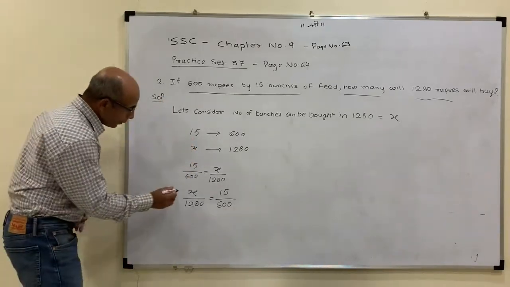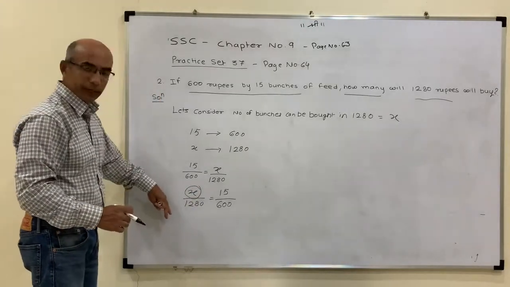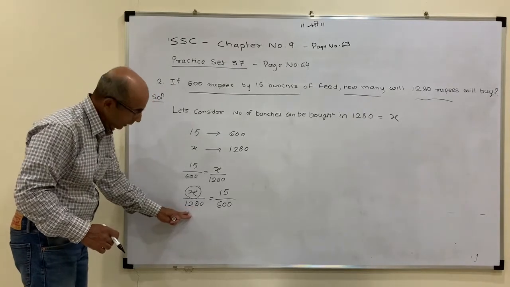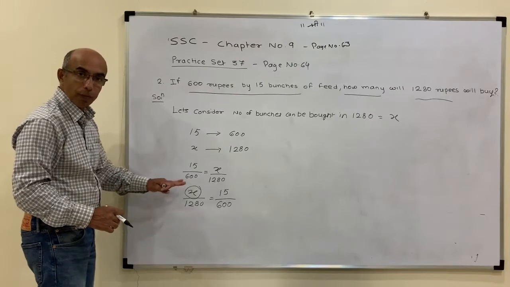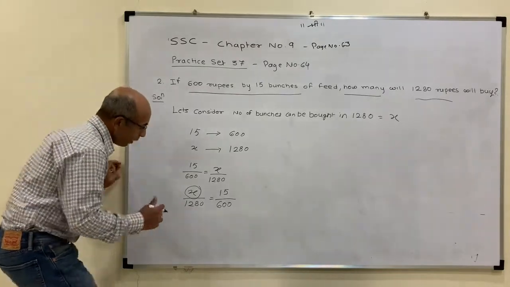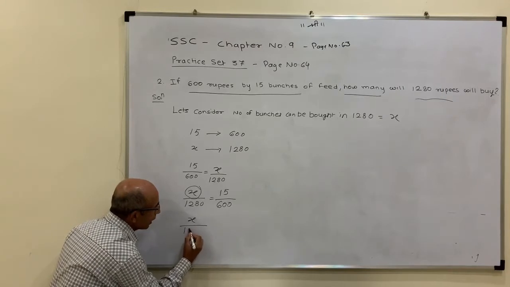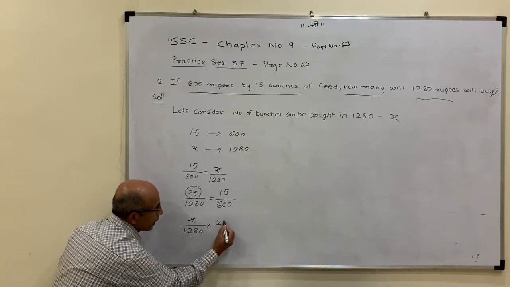Now I need to find the value of x. So I need to isolate x. To get rid of this 1280 which is divided on the left hand side, we need to multiply by it. So I'll multiply 1280 to the left hand side.